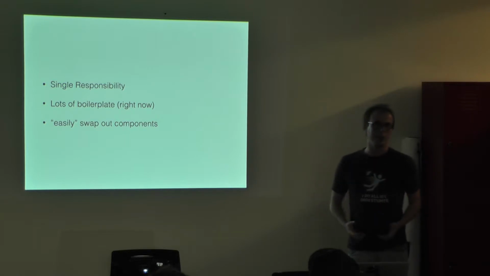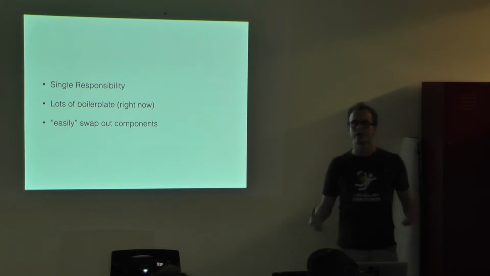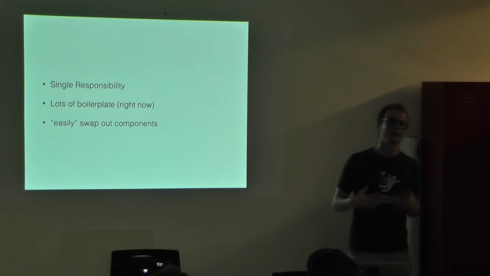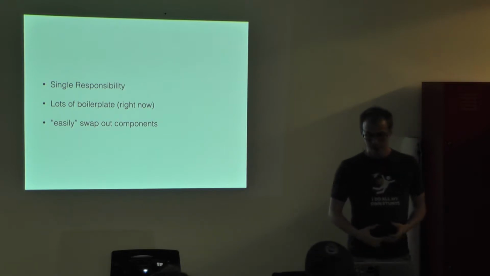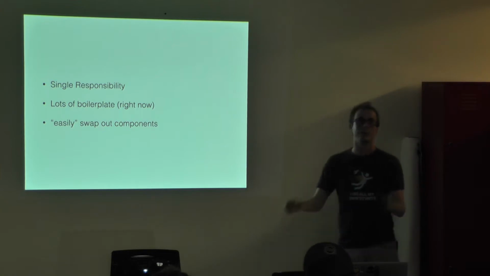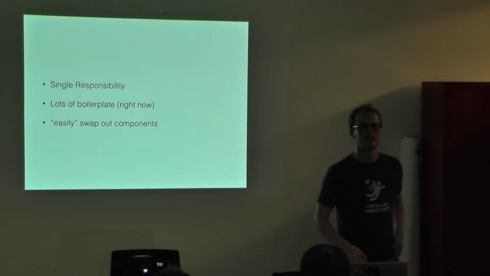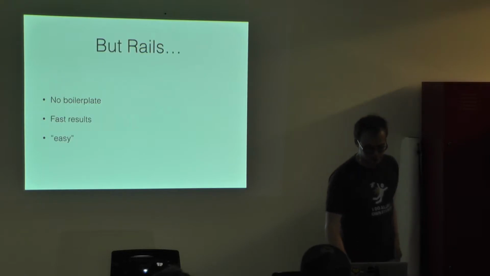Today, there's still a lot of boilerplate that has to go around it because there's really not a framework or a set way of doing things, hexagonal in Rails. But on the other hand, it's easy to swap out certain components, kind of like Rails tries to do as well with MVC, I guess.